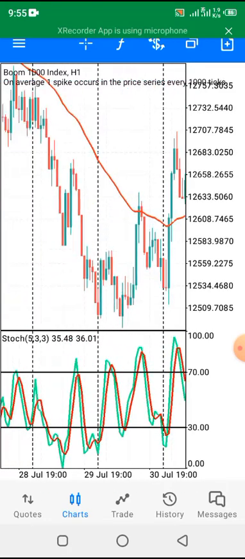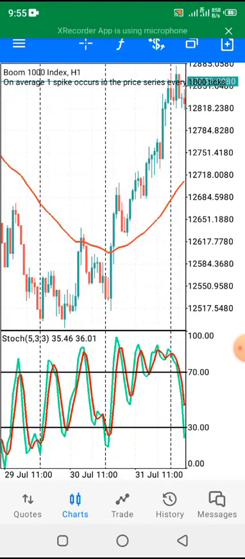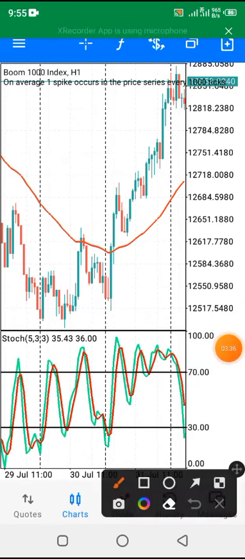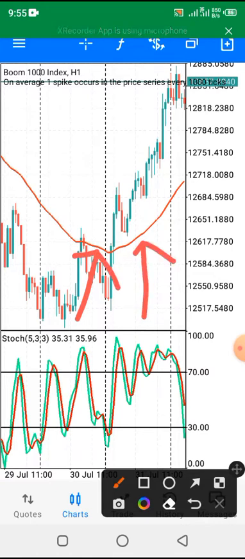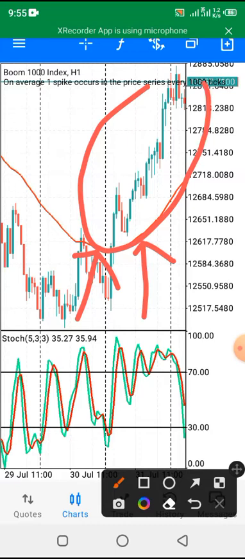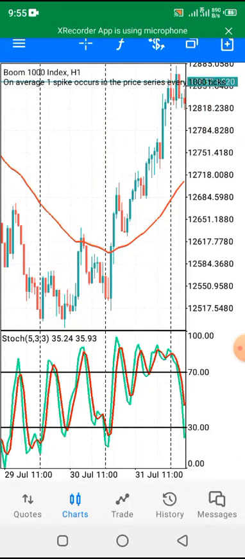So guys, I want you to understand one thing with this strategy, right? I want you to understand this. It's really important, okay? When price is trading above this moving average, you can see here now price is trading above this moving average, right? So when price is trading above the moving average, you're looking for buys, right?